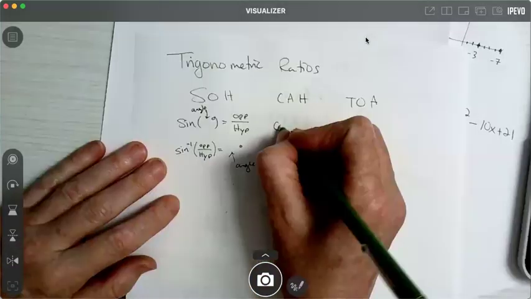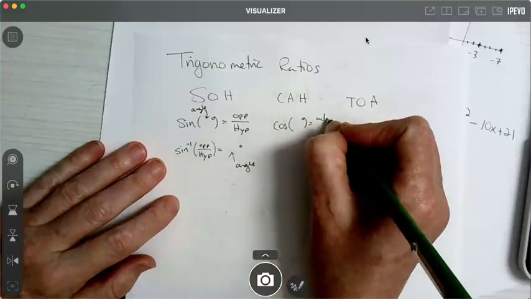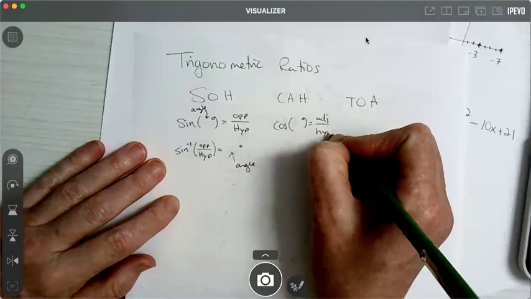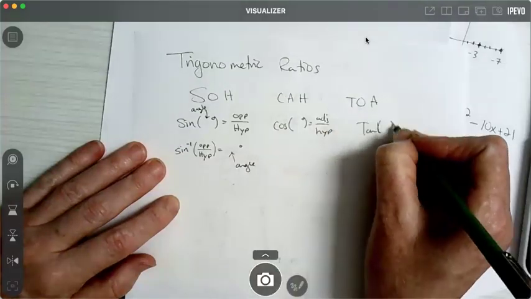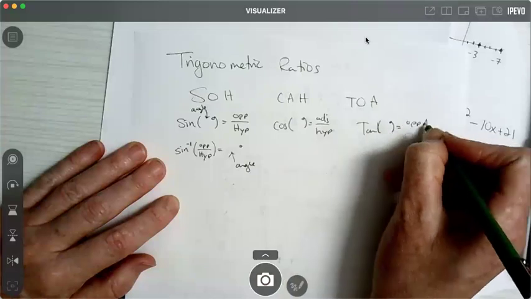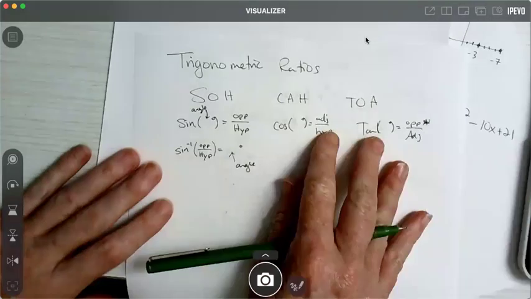And here the cosine of some angle, that's the adjacent side over the hypotenuse. And the tangent of some angle is the opposite over the adjacent. Opposite over adjacent.